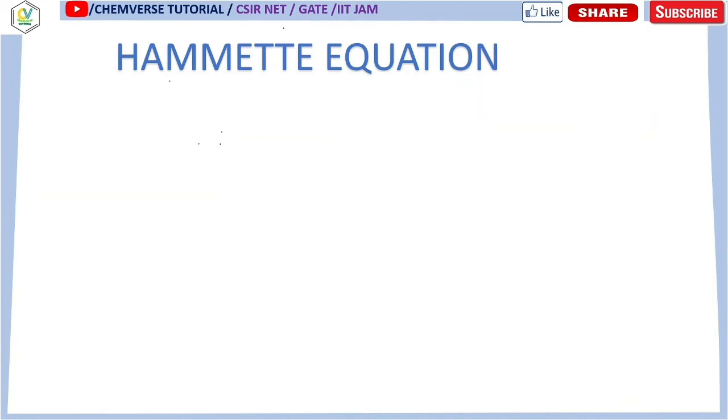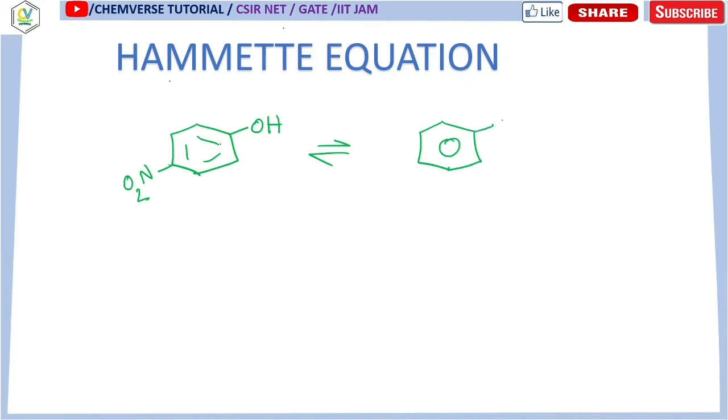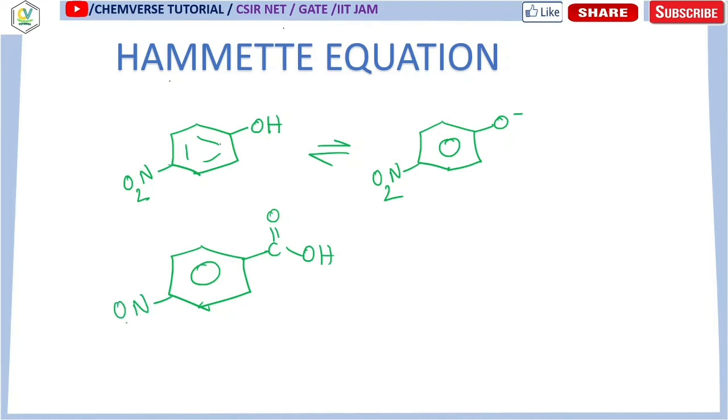Now you can see over here I am taking two systems. One is this OH, and here the NO2 group is present, and I am taking this one O minus and NO2, and on the other hand I am taking this one carboxylic acid over here, NO2.